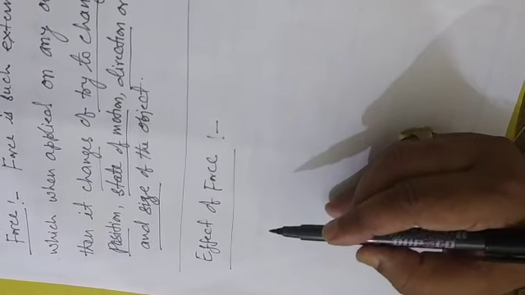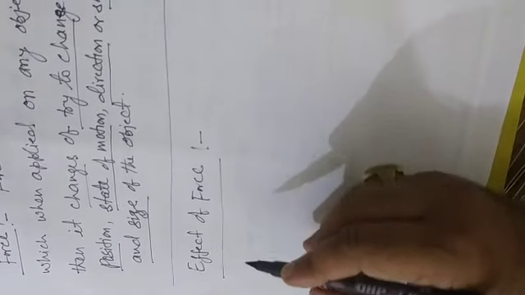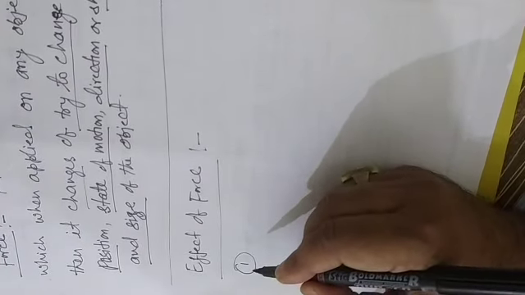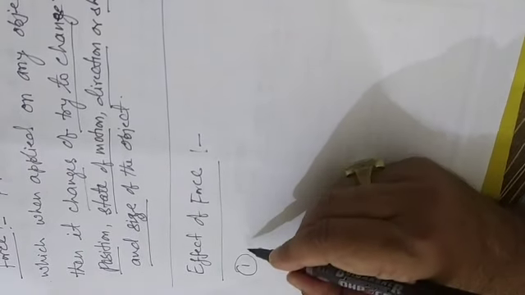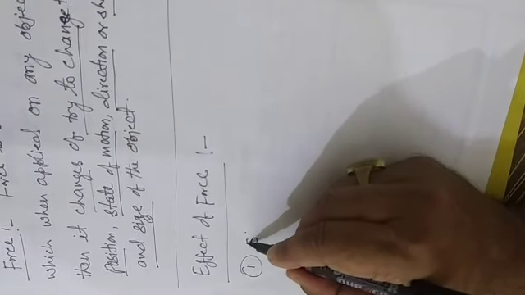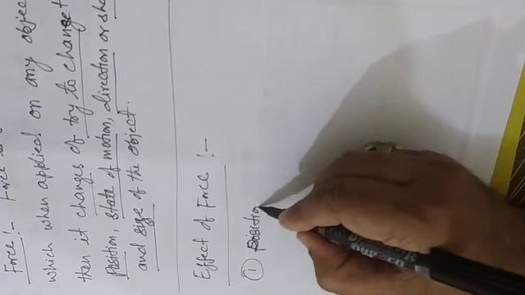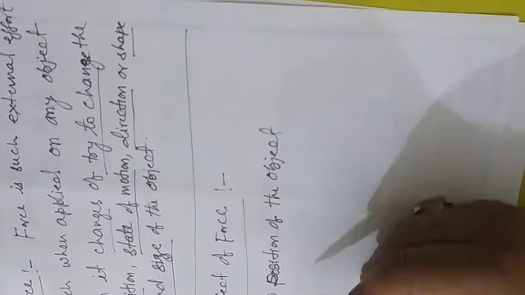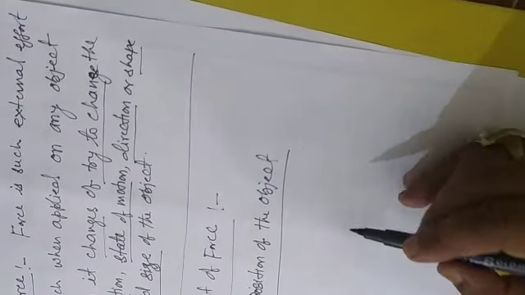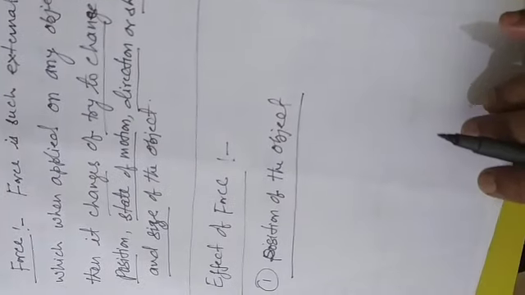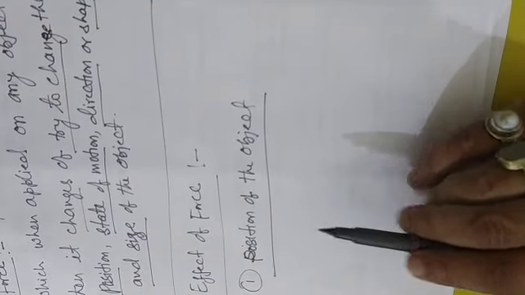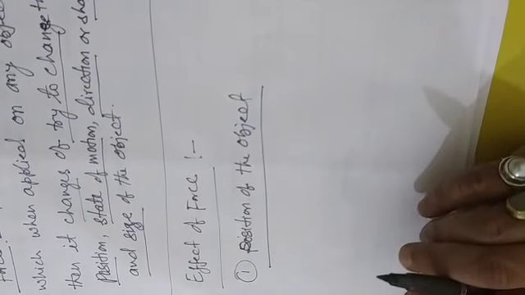Now, whenever we apply the force, it may bring the following changes or try to bring the change, out of which first is position of the object. When you apply some force on any object, it may be possible that the position of the object is changed or may not be changed.